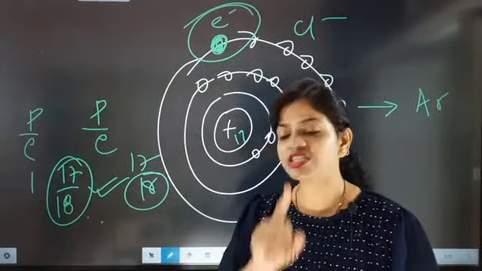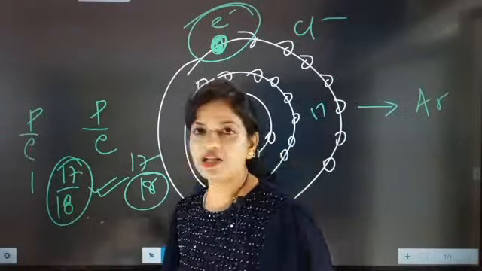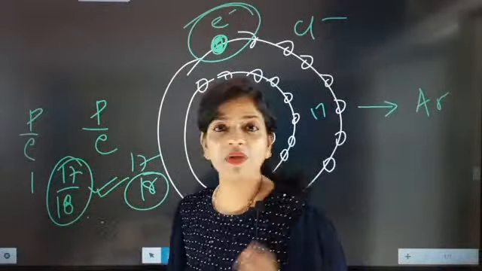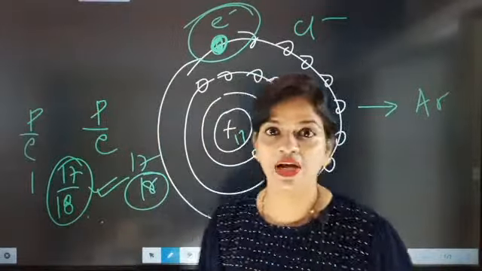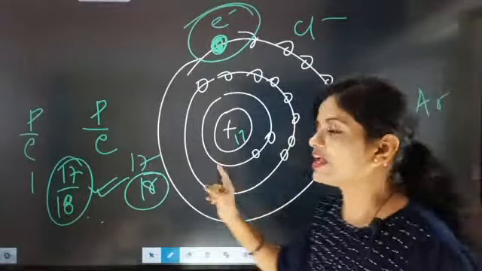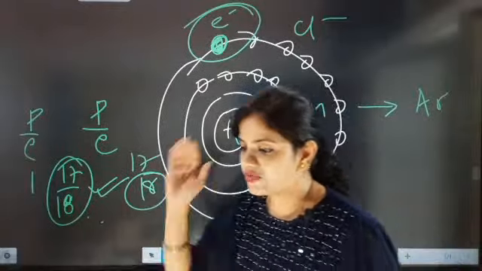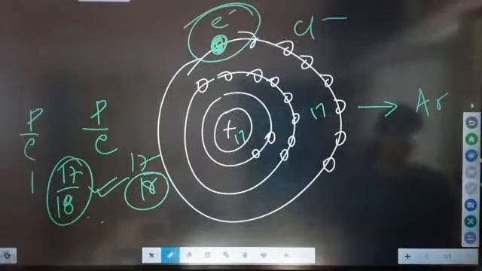This ratio and its effect I have taught you. It is in the PDF and in the videos. Since it is less than 1, structure will be big. If it is greater than 1, structure will be small. I have just explained this quickly. When you get time, see the video once, I have explained this part nicely.